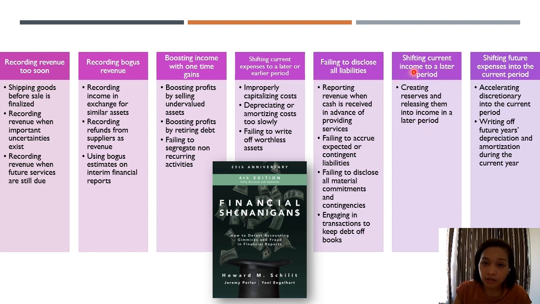Sixth is shifting current income to a later period, like creating reserves and releasing them into income in a later period. And last but not least, shifting future expenses into the current period, like accelerating discretionary spending into the current period, and writing off future years' depreciation and amortization during the current year.